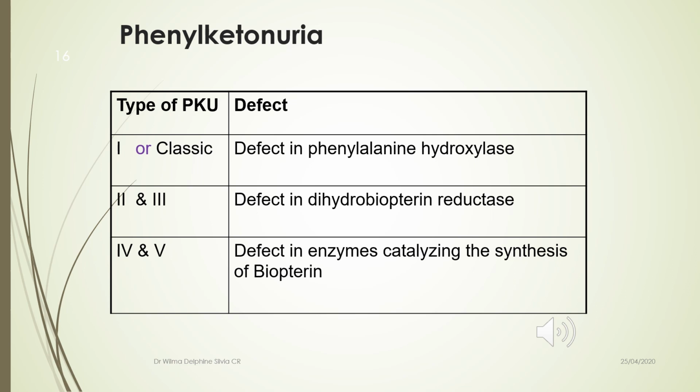Because tetrahydrobiopterin is required for hydroxylation of tyrosine as well as tryptophan, synthesis of catecholamines from tyrosine and synthesis of serotonin and melatonin from tryptophan are also affected. Therefore, these variant forms, types 2, 3, 4 and 5, result in more severe clinical manifestations.